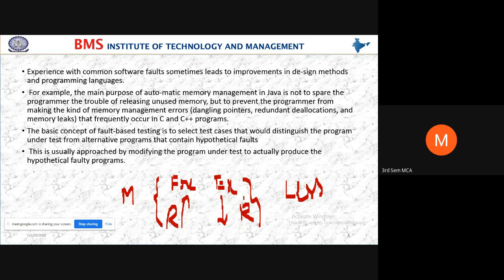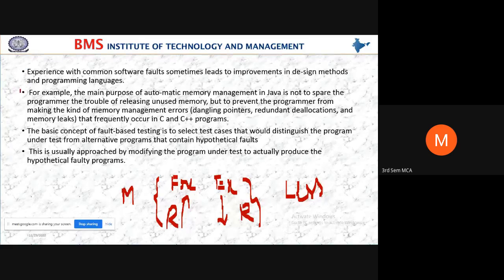For example, the main purpose of automatic memory management in Java is not to spare the programmer the trouble of releasing unused memory, but to prevent the programmer from making that kind of memory management error. So here one example they have given.